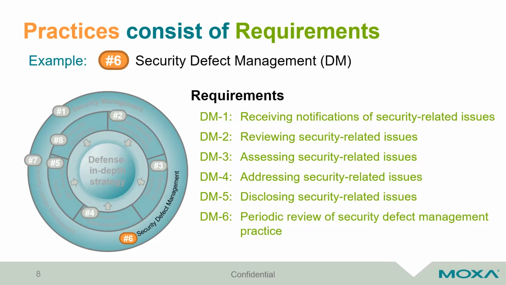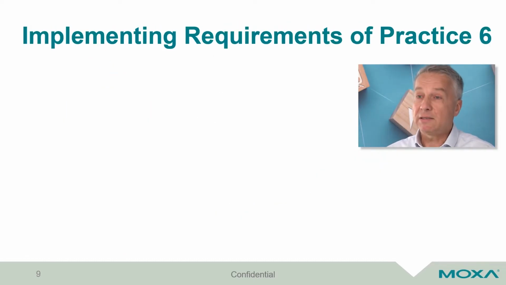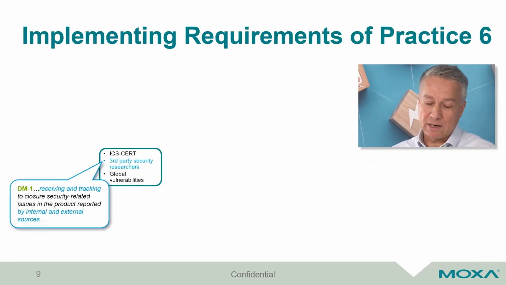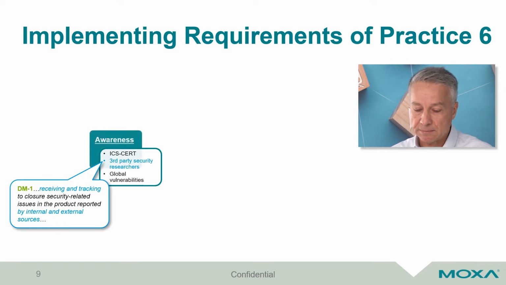Practice number 6 contains 6 requirements called DM1 to DM6, and I'll share with you how Moxa implemented these 6 requirements. Let's start with, of course, DM1, which is about analyzing and tracking any kind of potential vulnerability, and this is defining one of the first of our 4 phases of Moxa's cybersecurity process.